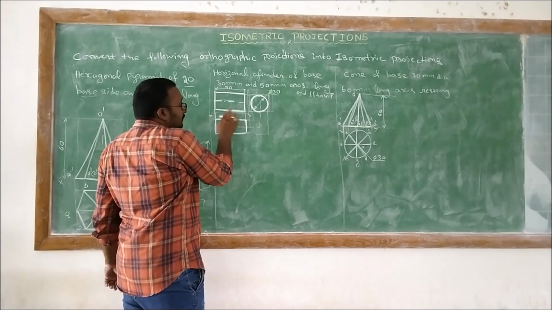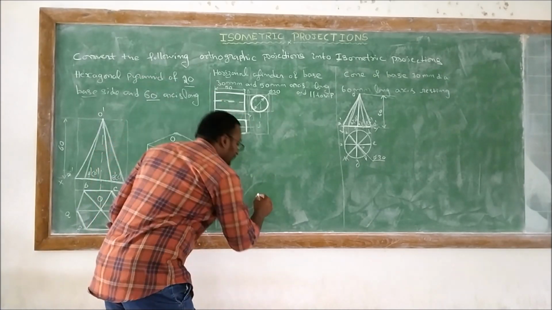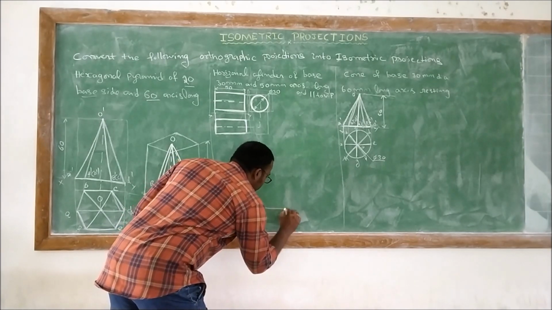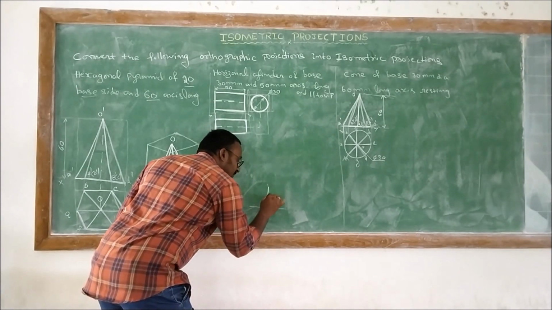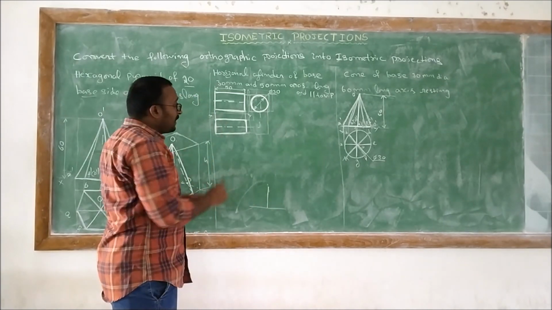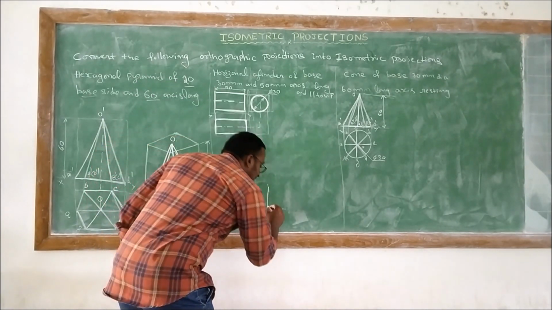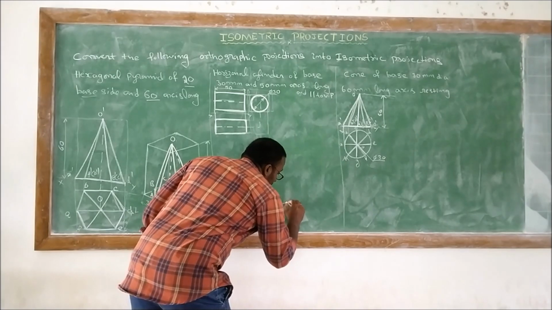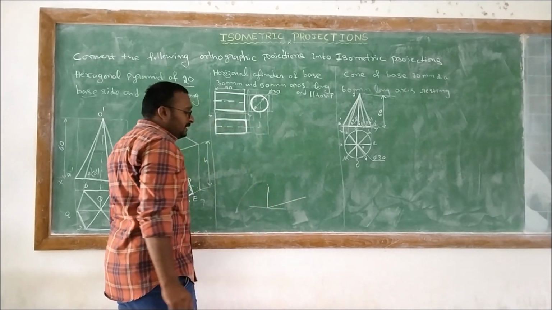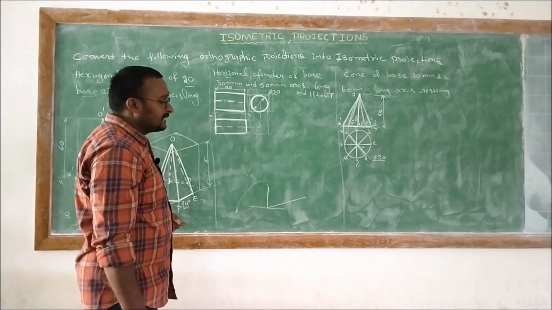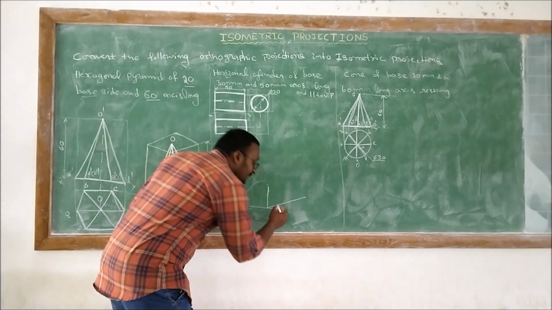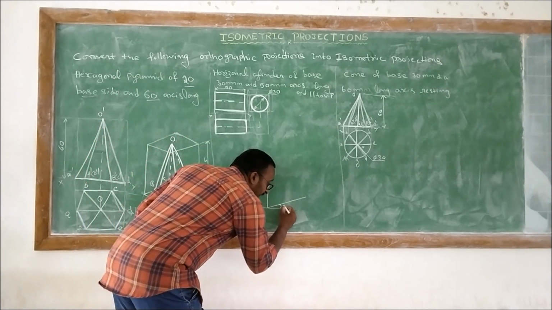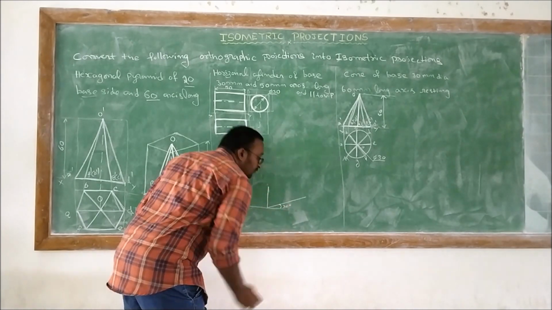Initially we should draw a 30 mm vertical line and then a 50 mm horizontal line. Whenever we convert that horizontal line into isometric projection, that line must be at an angle of 30 degrees to the ground.